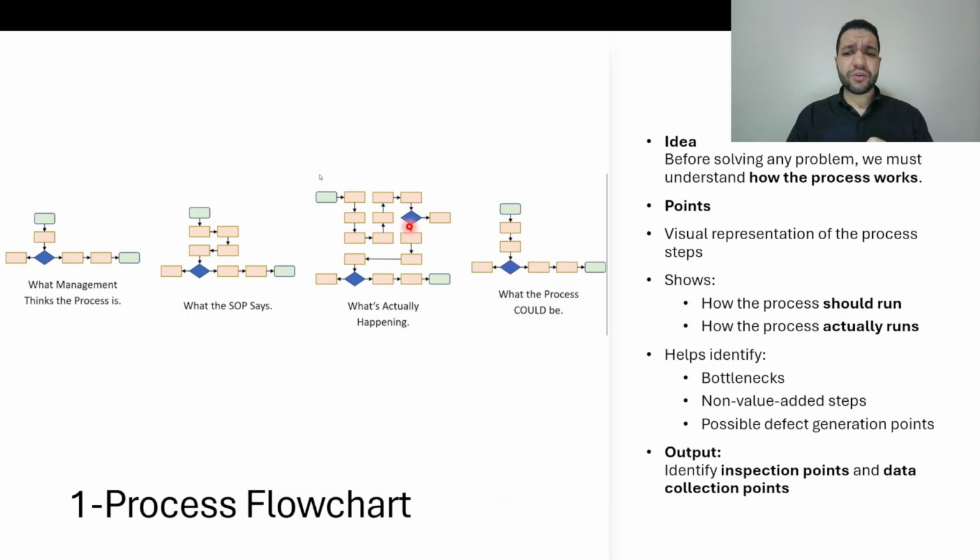So we know how the process should go, and we know how the process actually runs. So we know the bottlenecks, we know the non-value added steps, and we know the defect generation stages. So now I can understand my process.